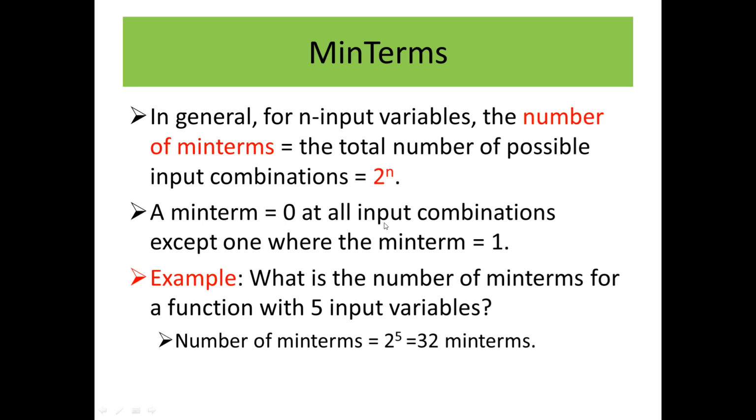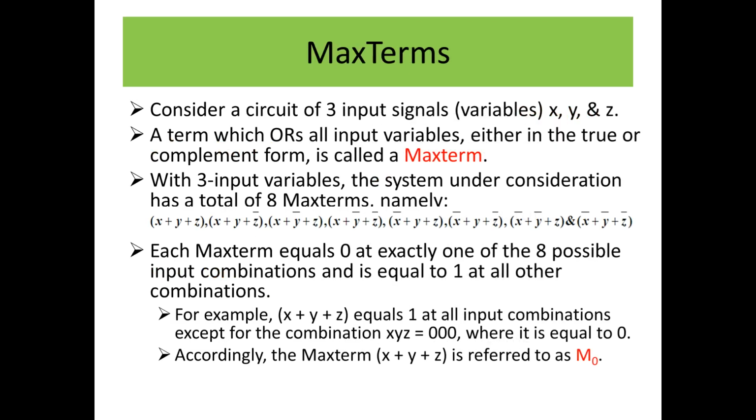A minterm is equal to 0 for all input combinations except 1, where the minterm is equal to 1. Just see an example: if a system is having 5 input variables, the number of minterms is equal to 32. So from this slide, if the system is having n input variables, the total number of rows will be 2 raised to n. Next, coming to the Maxterm.